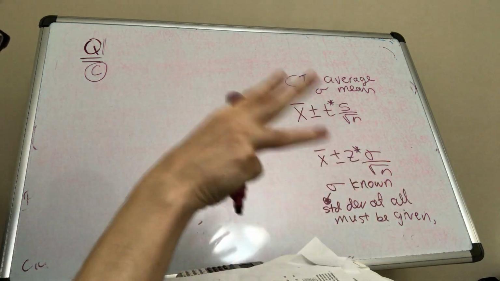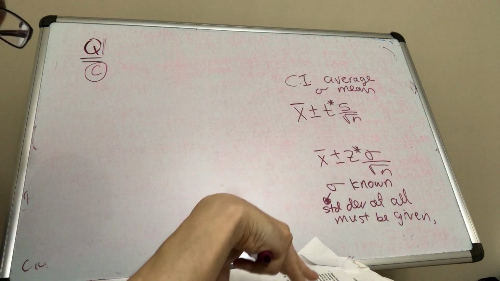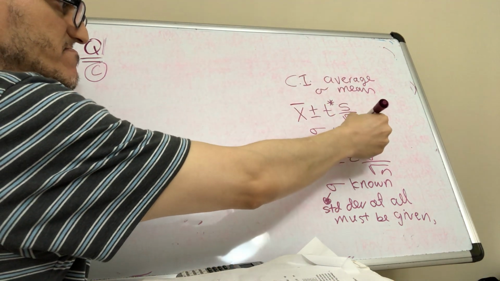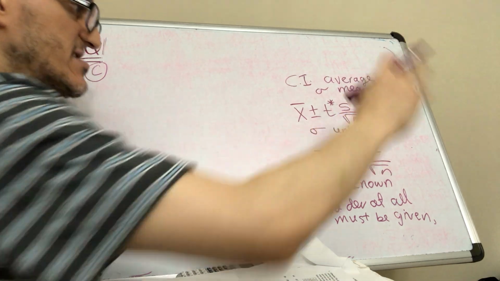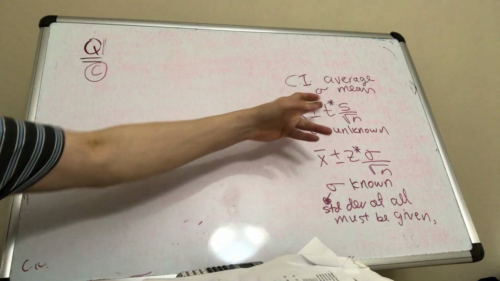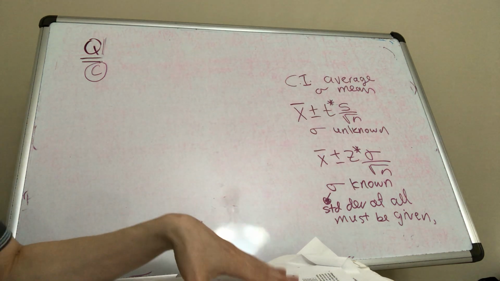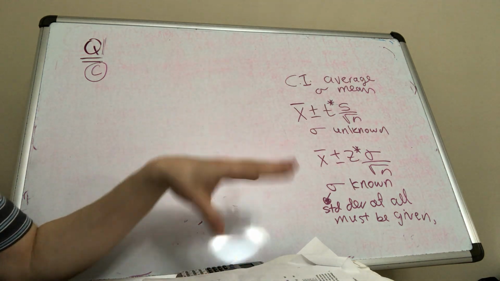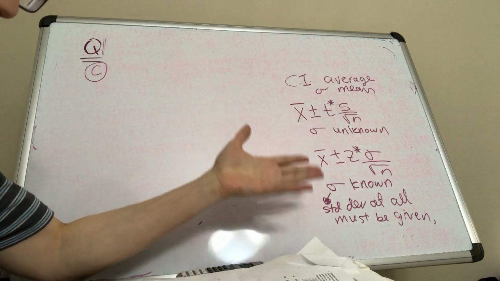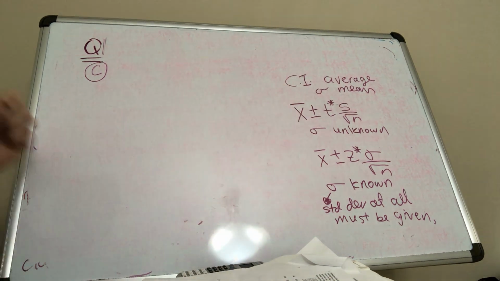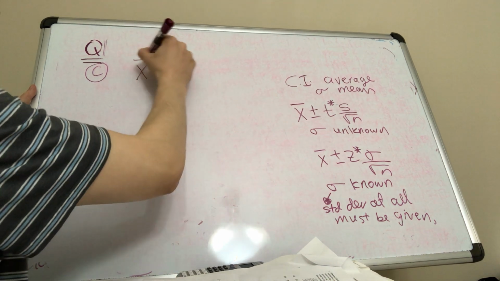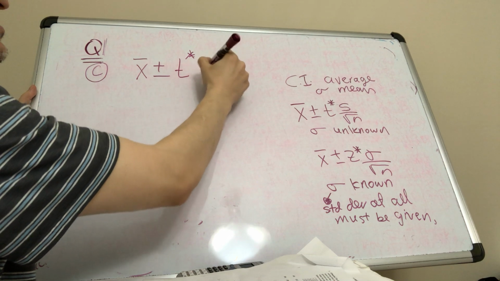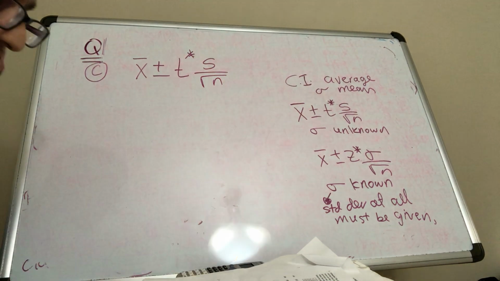But with sigma unknown, which is, say, 90% of the time, you would use the t version. In the question, there was no mention of what the standard deviation of time for all taxpayers is, so we don't have sigma, and we'll use the t version: x bar plus or minus t star s over square root n.